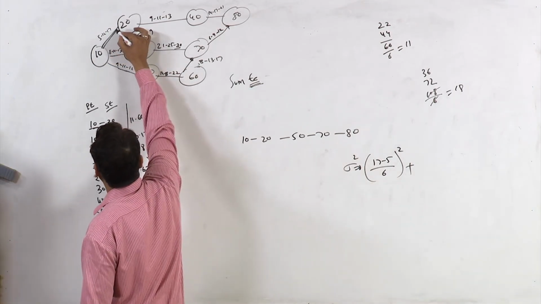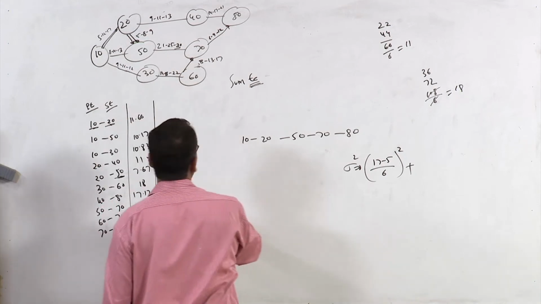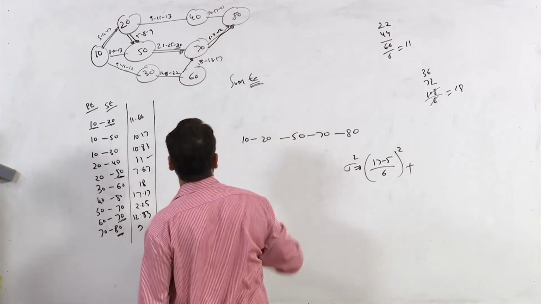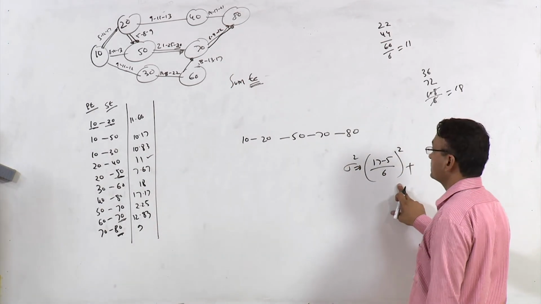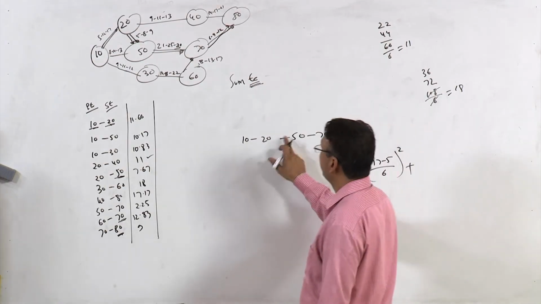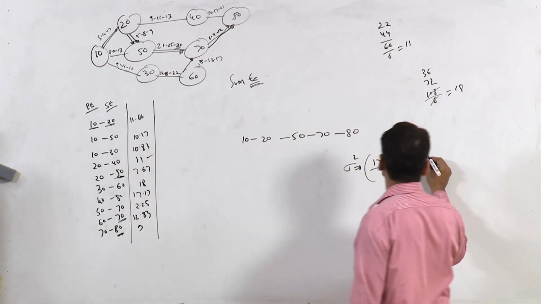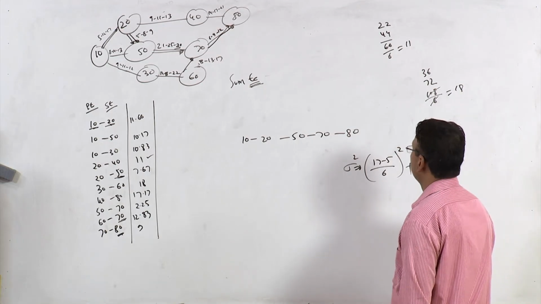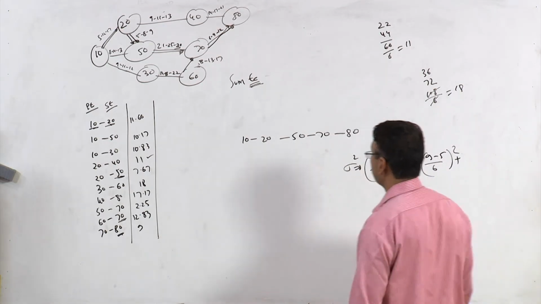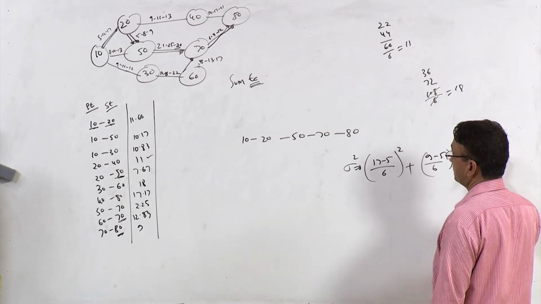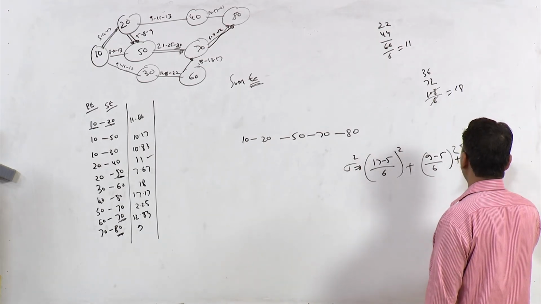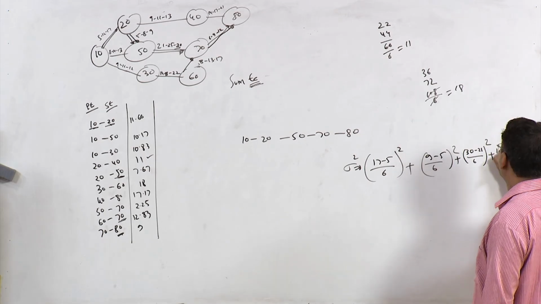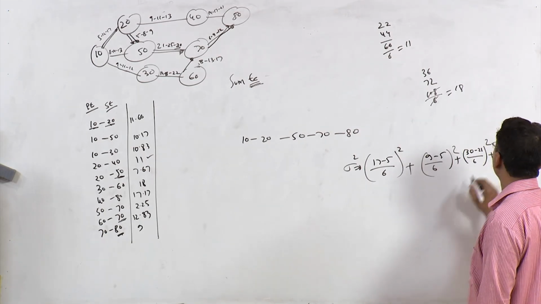So let me draw the critical path first, 20 to 50, 50 to 70, 70 to 80, right. So this plus 20 to 50: this is 9 minus 5 divided by 6, plus 50 to 70: 30 minus 21 divided by 6 whole square, plus 12 minus 6 divided by 6 whole square, right.